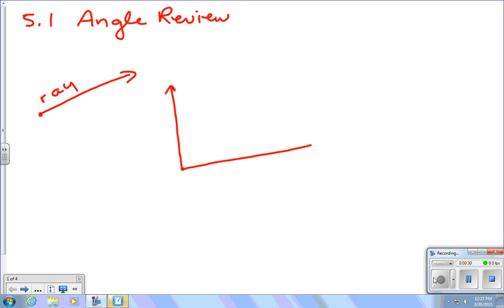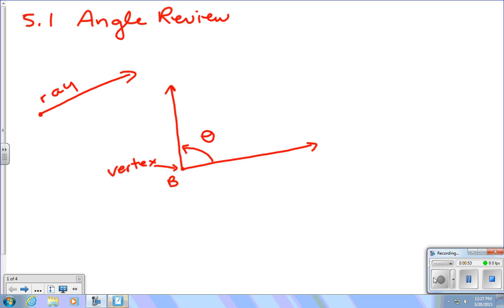So here are two rays joined together. We can call this spot where they meet the vertex of the angle. And we always show the direction at which the angle has been made. So angles are always produced by the idea of rotating through that vertex, through that central angle.